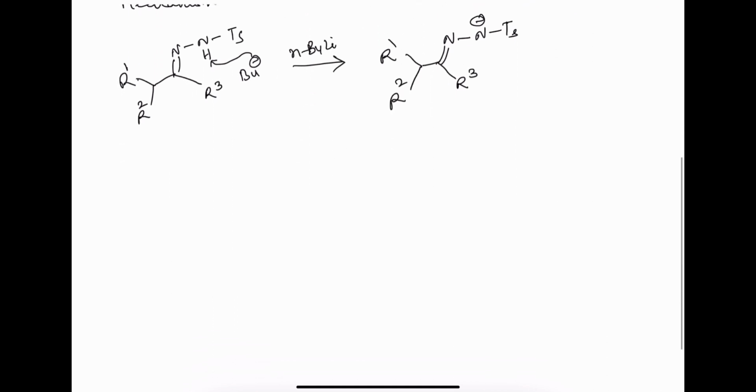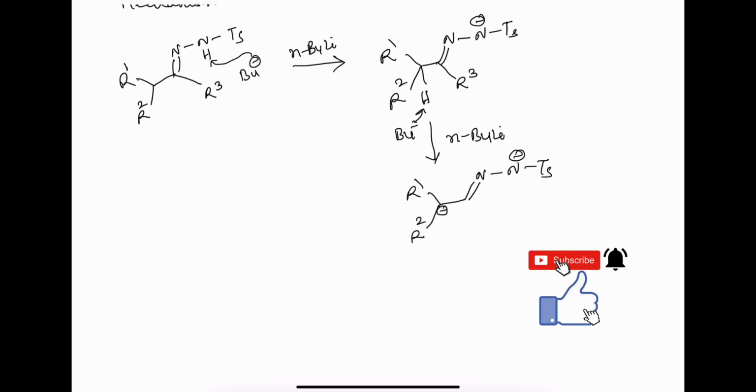We also have a hydrogen over here, and the second mole of butyllithium will deprotonate this hydrogen, and we get the di-anion.